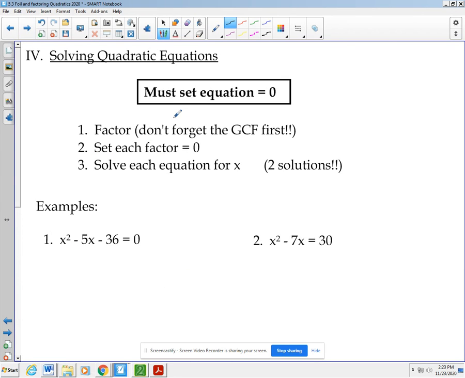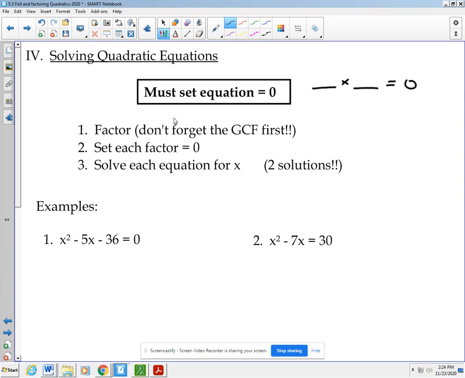Okay, and the last part of the lesson is probably the most important part, solving quadratic equations. Today, I will show you how to solve quadratic equations by factoring, but later you will also use something called the quadratic formula. Before I start this problem, in my head, I'm thinking about two numbers, but when I multiply them, the product is zero.